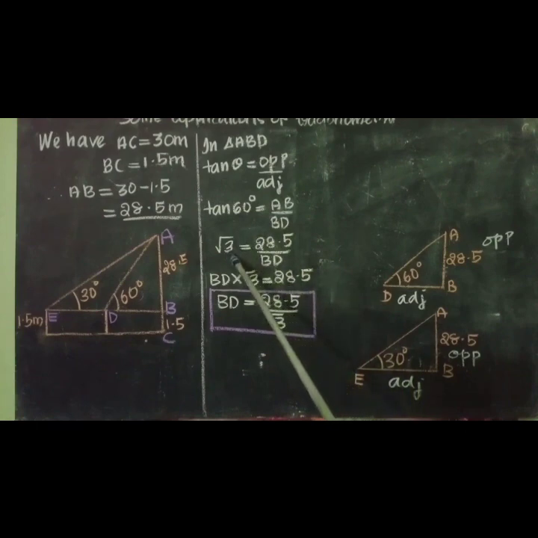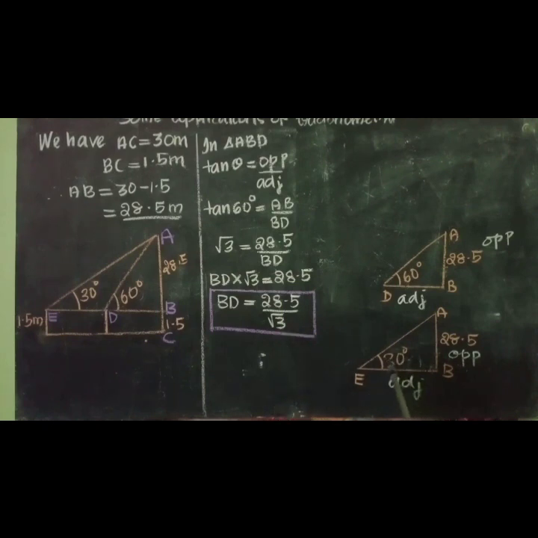Tan 60 degree is root 3. AB is 28.5. So root 3 equal to 28.5 divided by BD. Cross multiply. We get BD into root 3 equal to 28.5. Take this root 3 to right side. We get BD equal to 28.5 divided by root 3.